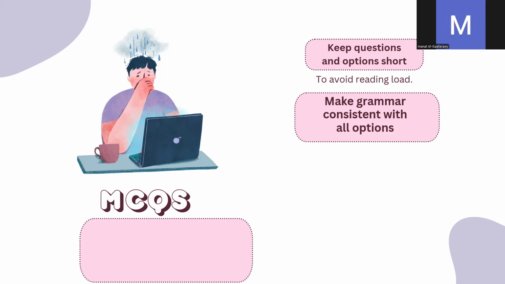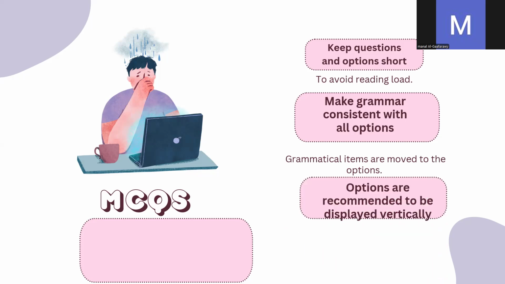So this maximizes the chances of guessing, because the student will limit the options to those options that fit the grammatical item, which is the a. So the solution to this problem is to move the grammatical item to the options rather than the question.